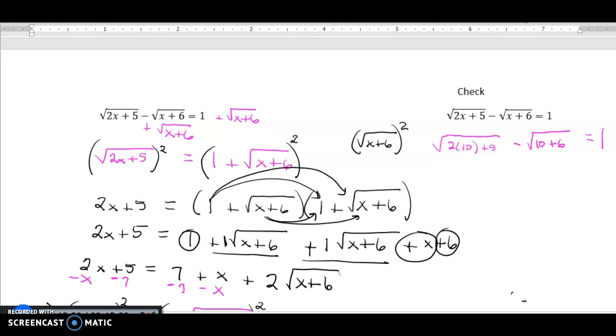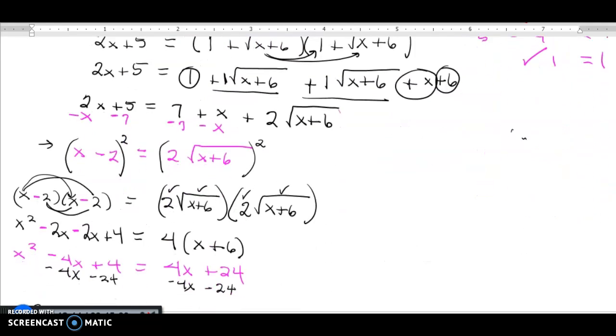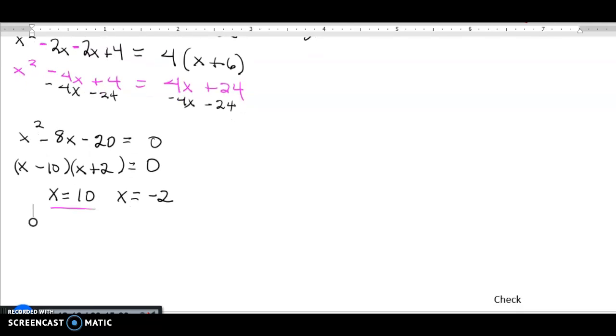And then we'll see if it equals 1. So this is the square root of 20 plus 5, which is 25, minus the square root of 16, and we'll see if it equals 1. The square root of 25 is 5, minus the square root of 16 is 4. 5 minus 4 equals 1. Check. That works. 10 is a solution.